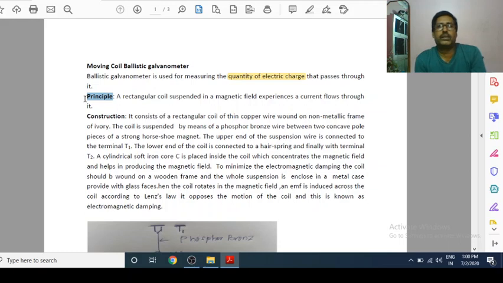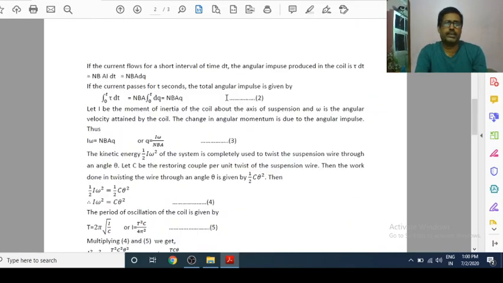So it constitutes a torque, and this torque is responsible for deflecting the coil. Later we will see in the mathematical part that we measure the deflection, which will be directly proportional to the quantity of charge, because an impulse is produced. So we will discuss that later on. First we will see its construction.